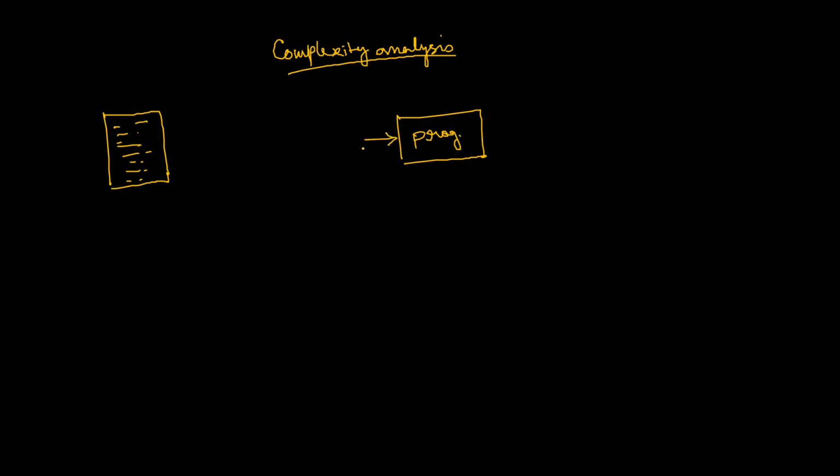This program has some input and produces some output, right? That means this program has a mapping from input to output. If this is a square function program, then if the input is 2, the output will be 4. If the input is 4, the output will be 16, and so on.